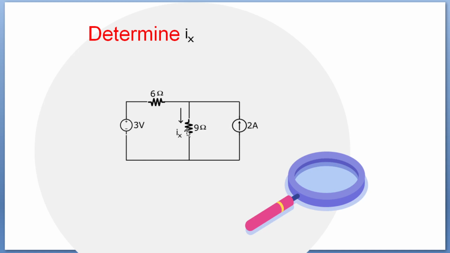Next, I will calculate the current in 9 ohm resistor with 2 amp source acting and make this 3 volt source inoperative. And finally, I will add the responses due to 3 volt source and 2 ampere source. So the total response becomes this Ix.